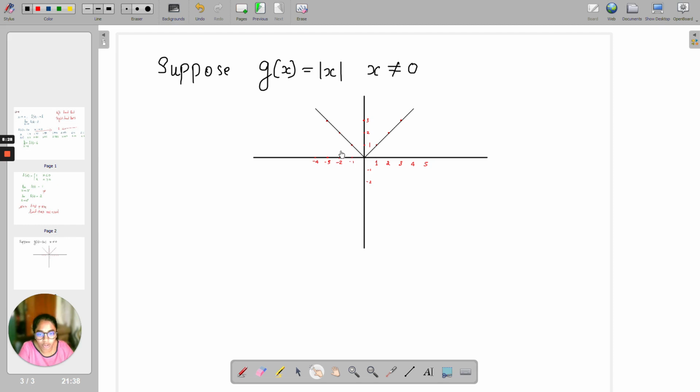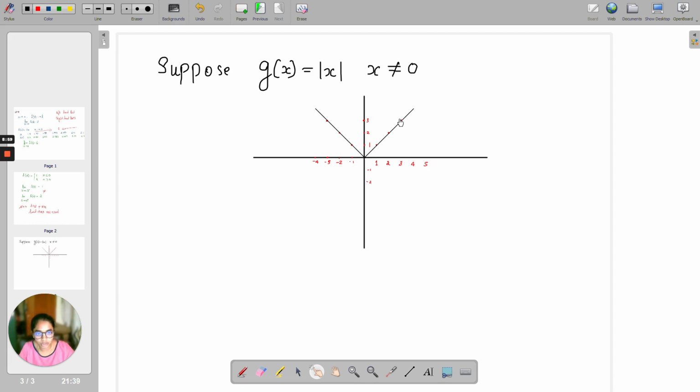For x is equal to minus 1, again I got 1 because it was mod minus 1, which is equal to positive 1, right? So I can tell this is g of x and this is x. So they are saying that this x is not defined. So what is happening as g of x, you see here it would be g of 3, agree?